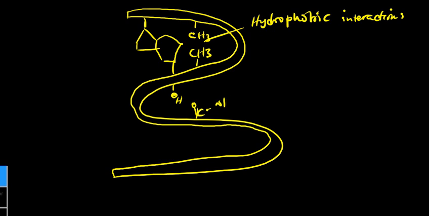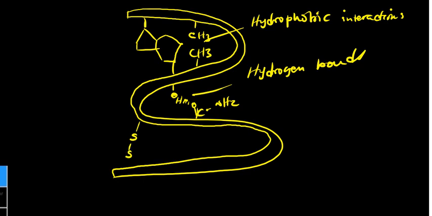So these are hydrogen bonds between amino acids that are polar. Then we have this. So these are disulfide bonds between amino acids that have sulfur in their chain, their structure.